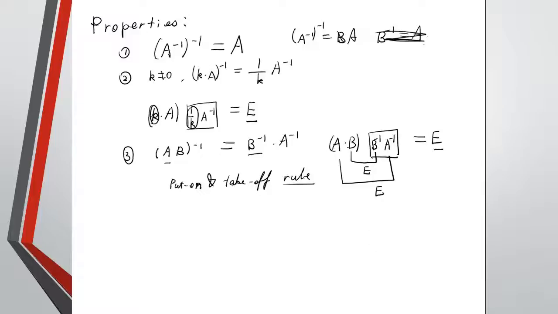You put on A first. For example, A is like your underwear, so you put on A first, and B is your coat, so you put on B later. But then you have to take off B first, and then take off A later. Or in computer science, this is more like a stack algorithm.